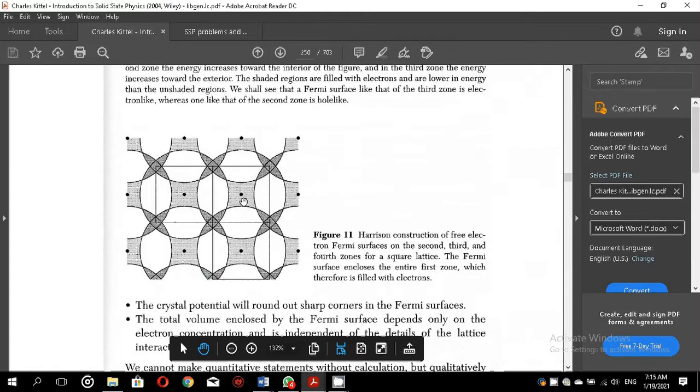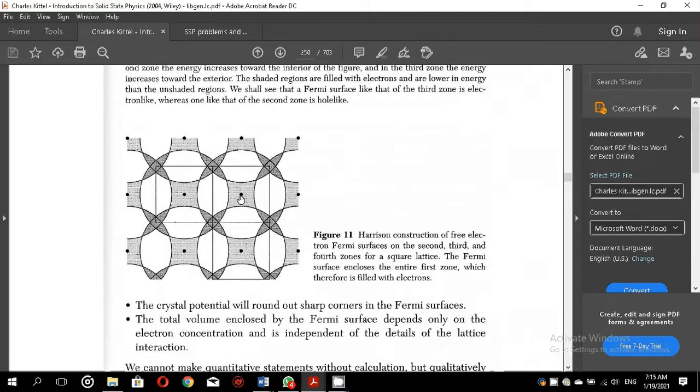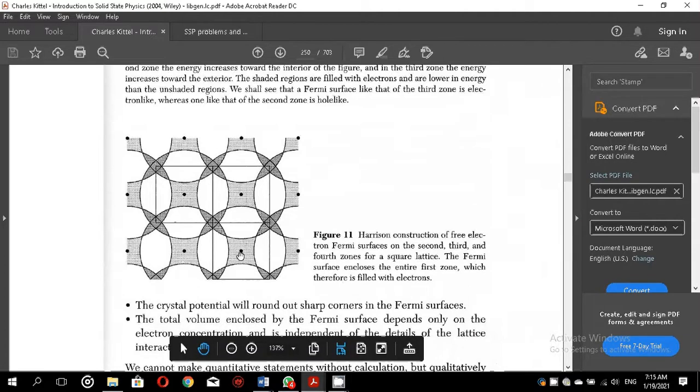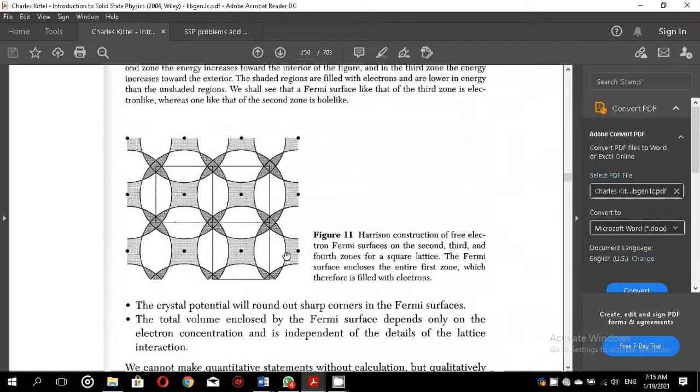So what we do in the Harrison construction, we take the radius of the Fermi sphere and we draw circles, making each reciprocal lattice point the center. So we draw all these circles with radius equal to the radius of the Fermi sphere.